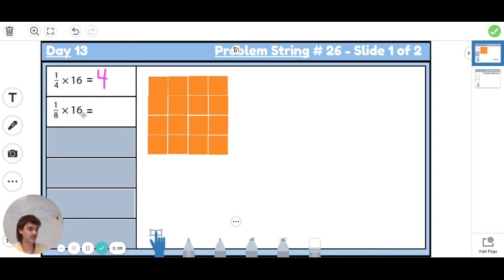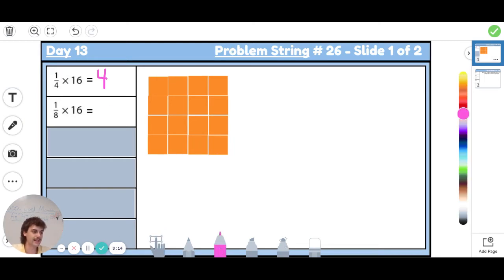Now, I encourage you to use the past problems and the past problems' answers to solve these other problems. So for this one, remember how we separated it into 1/2? So we did 1/2, this, and then we did a 1/4. Well, if we break it down even further, we could break the 4ths down and split the 4ths in half, because 2 times 4 equals 8. So if we half it, that means that we're going to get to 1/8.